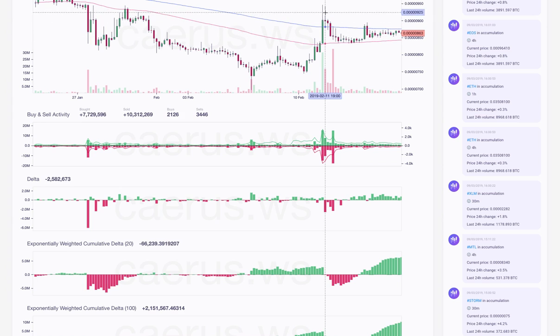And when it has risen, you would see this red color in the cumulative delta again. So it means that someone is selling back.